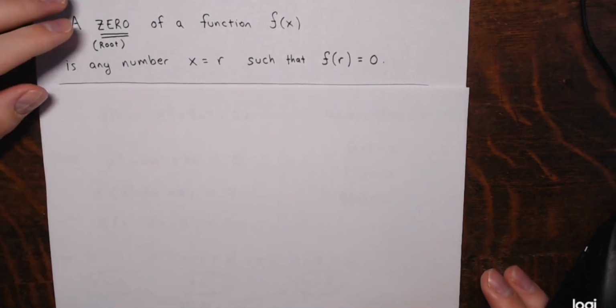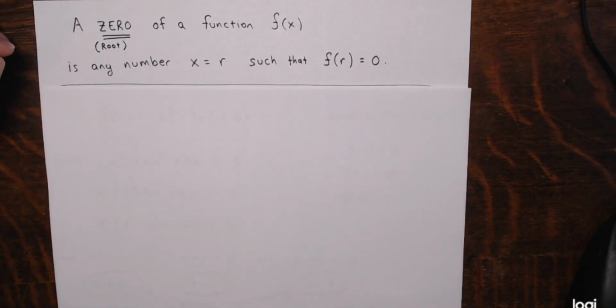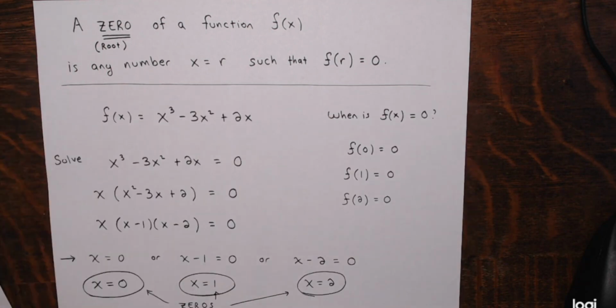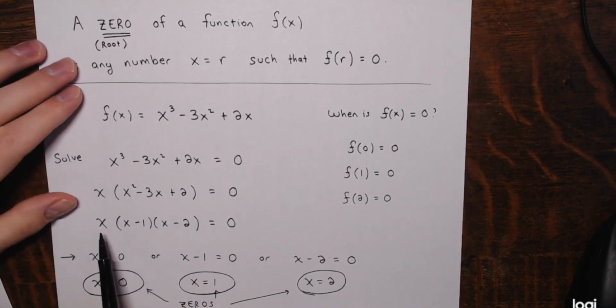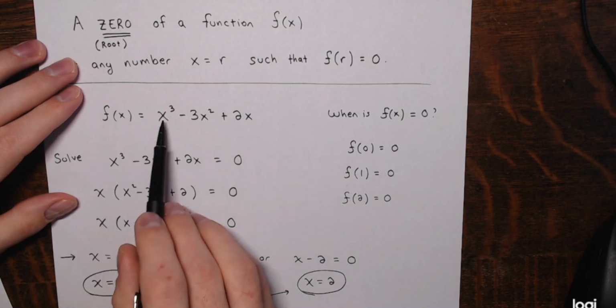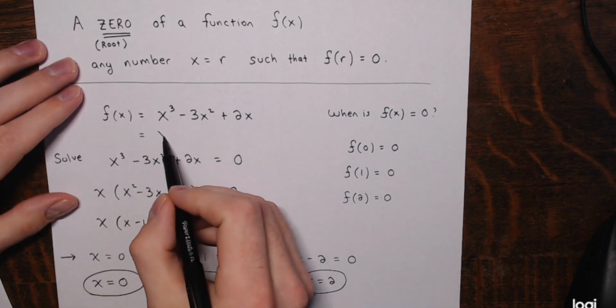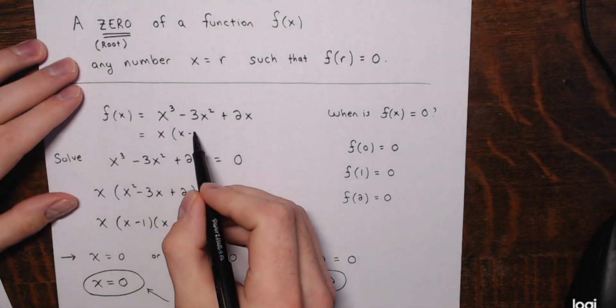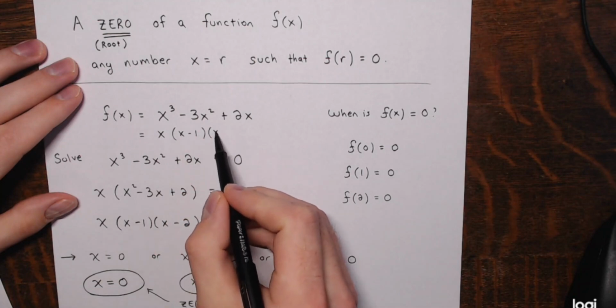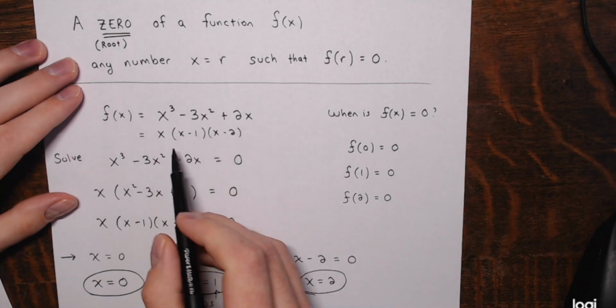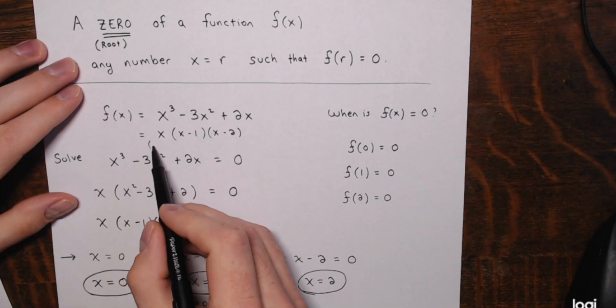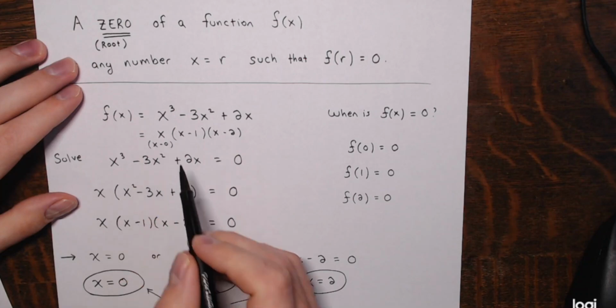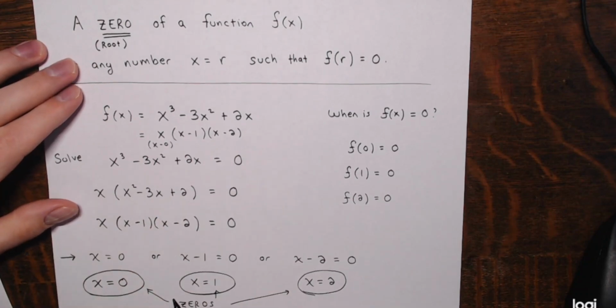Now, something else you may notice, even from this first example. See how x was a factor of the polynomial? This factored to x times x minus 1 times x minus 2. And you could even think of x as x minus 0, because x minus 0 is the same as x.